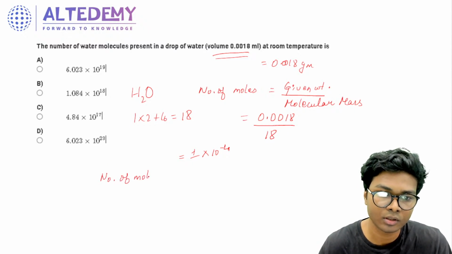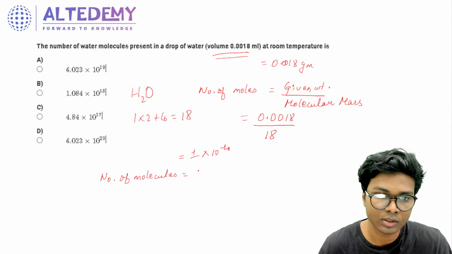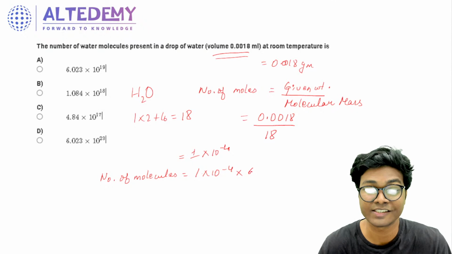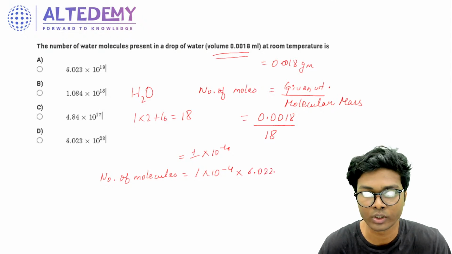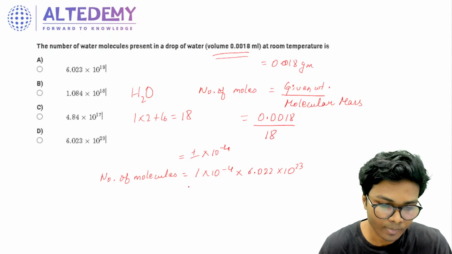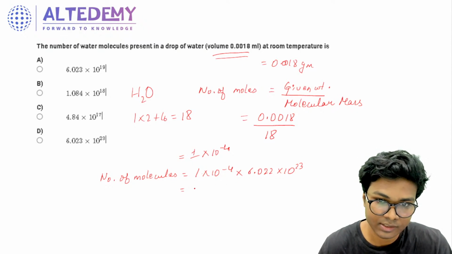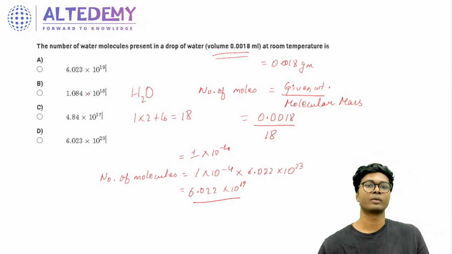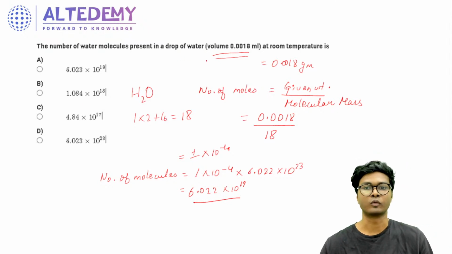Number of molecules equals 1 into 10 to the power minus 4 into the Avogadro number, which is 6.022 times 10 to the power 23, which is 6.022 into 10 to the power 19. So this is the number of molecules present in a droplet of water.